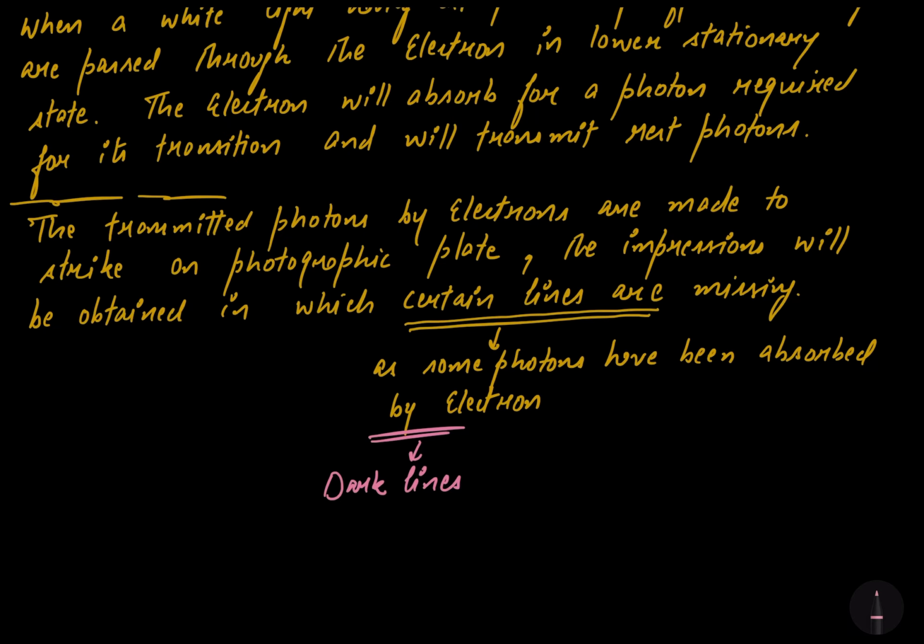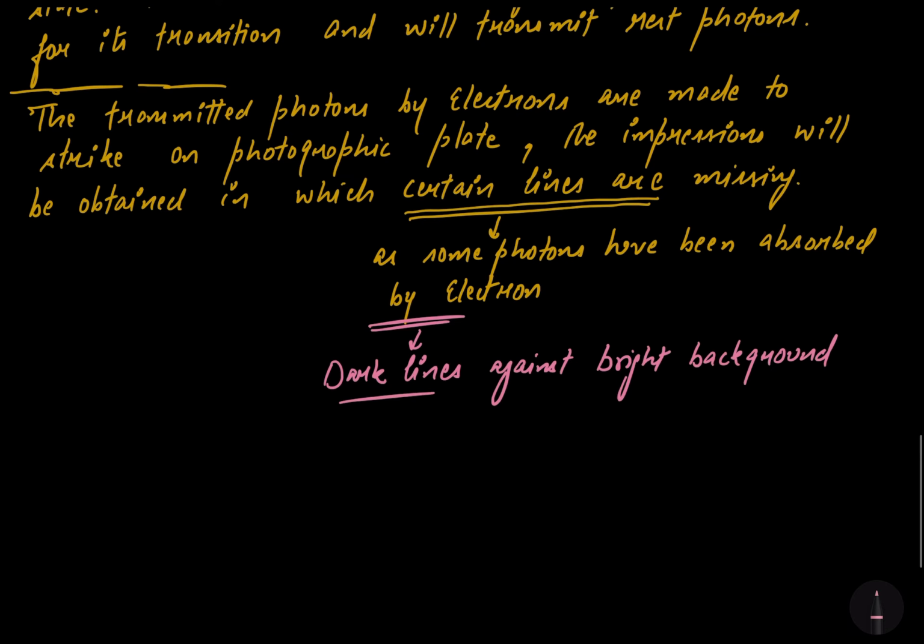So the dark lines against bright background are termed as absorption spectra.